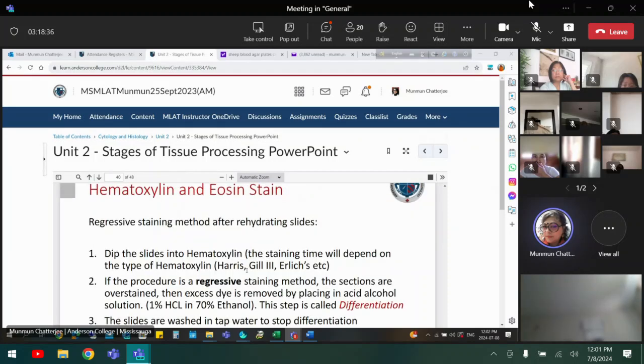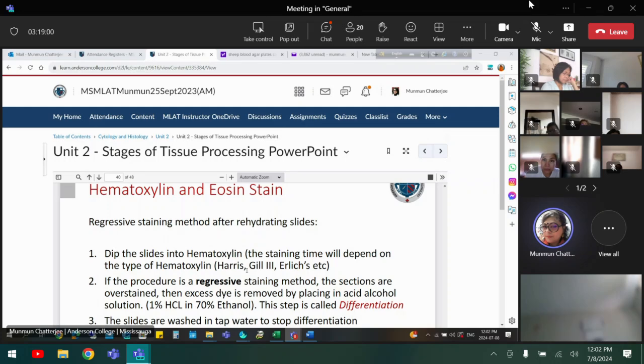So hematoxylin and eosin is one kind of regressive stain. Write it down, they are going to give an example. Is hematoxylin and eosin a regressive stain or a progressive stain? It's a regressive stain. So first you have to dip the slides, after rehydration, in the hematoxylin.